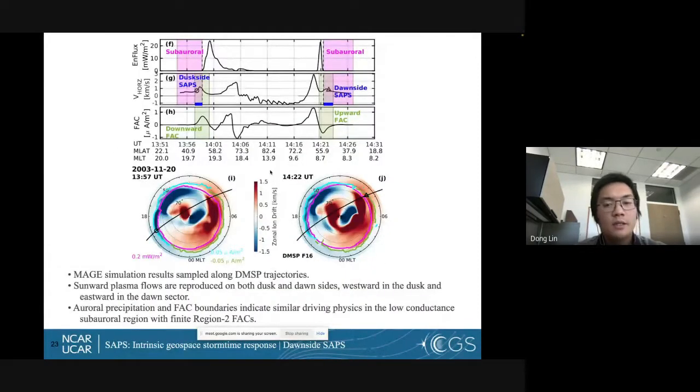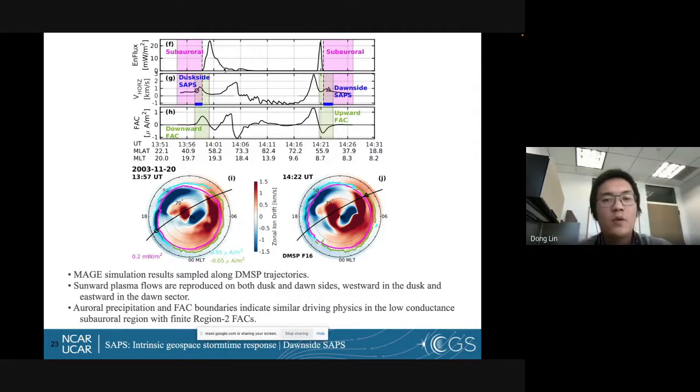Okay, so this is what we try to reproduce, what you just saw with DMSP measurements. Based on the first study, we are now confident in the SAPS structures resolved with our model. So here is just a sampling along the DMSP trajectories. And this color bar is the zonal ion drift. So the dark blue means it's strongly westward, and the red is strongly eastward.